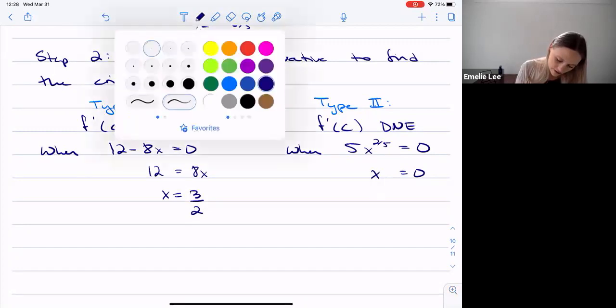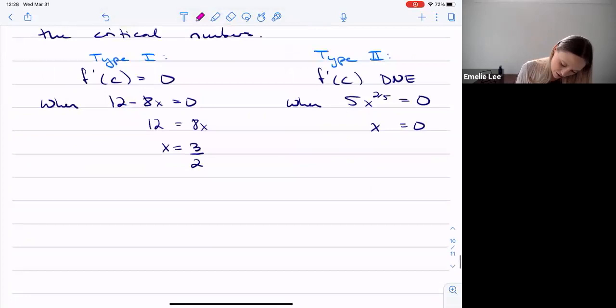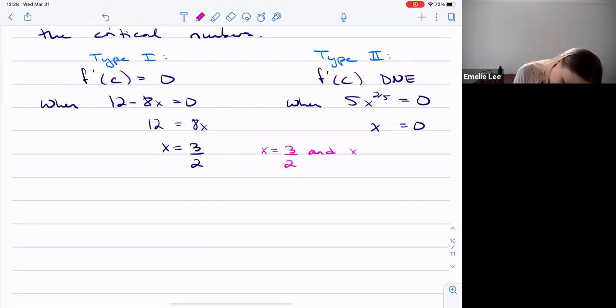So these are the critical numbers, but also they're potential points where we get maximums or minimums. So x equals 3 over 2 and x equals 0 are potential max and min points.